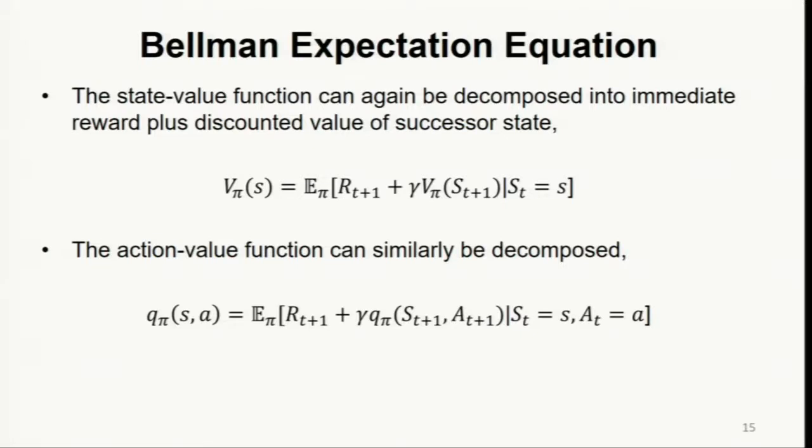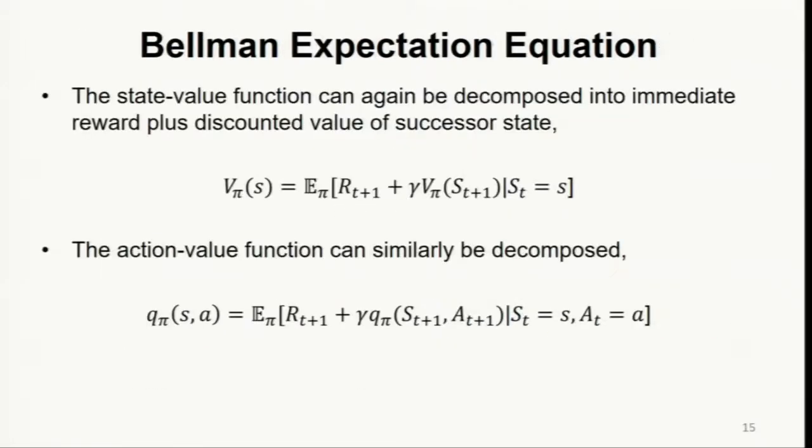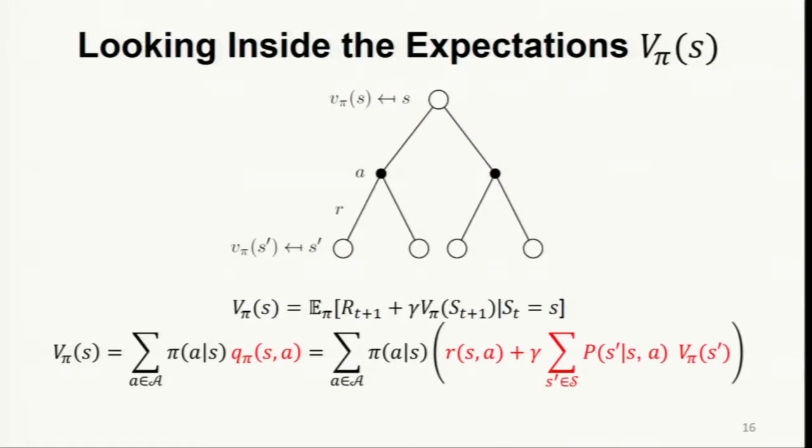Now, if we look at the first equation, you see, the Bellman equation has two equations. One is for the value function, the other one for the action value function. Now I'm going to show you the connection over here between s_t and s_{t+1}. You see, this is your s, and then this is your s_{t+1}, s prime.